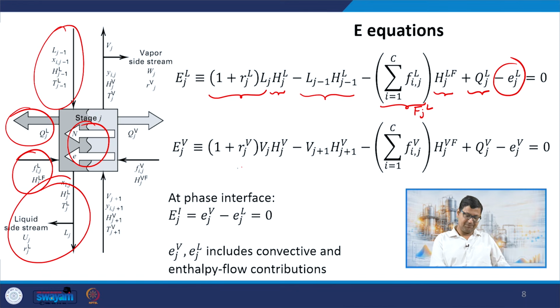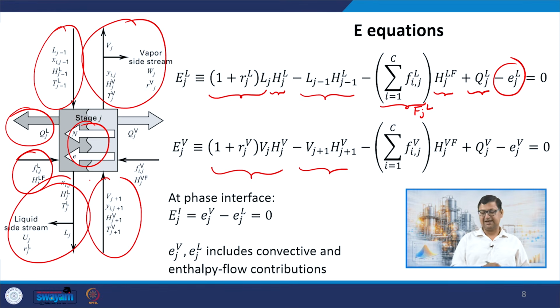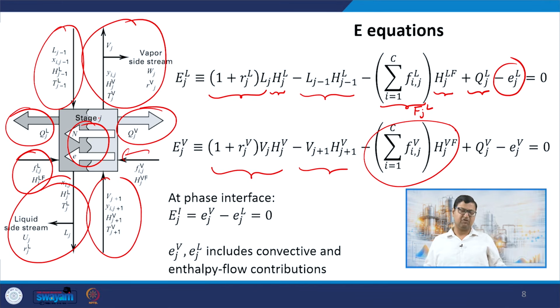Similarly, for the vapor, we are going to have the vapor leaving, that is carrying this energy, minus vapor entering, that is carrying this energy, minus feed entering in the vapor phase, that is carrying this energy, plus the heat added or removed from the vapor, right. Actually, QjV is heat removed from there. So, therefore, I put a plus sign, right, and then minus EjV, that is the net heat transfer into the phase, right.